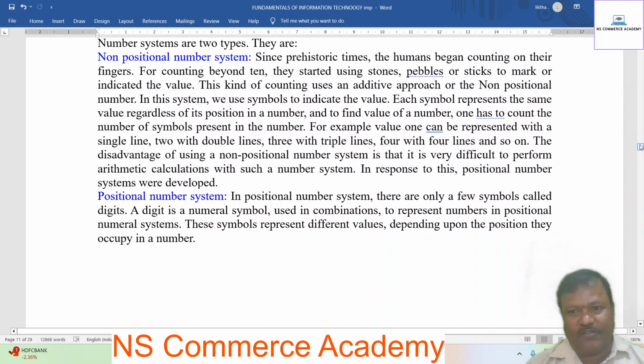In response, the positional number system was developed. In a positional number system, there are only a few symbols called digits. A digit is a numeral symbol used in combinations to represent numbers in positional number systems. These symbols represent different values depending upon the positions they occupy in the number.